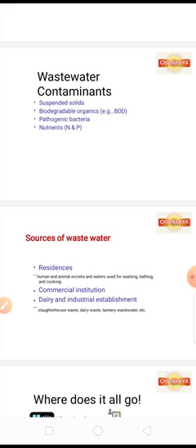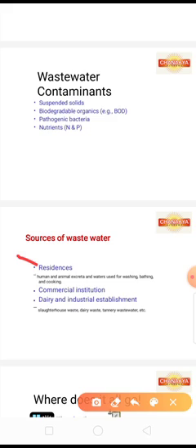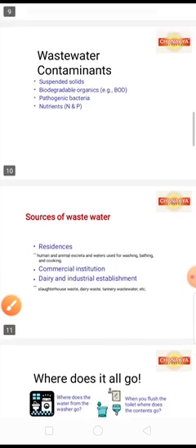The sources. Residents from the home, the excreta. The activities humans do, that is washing clothes, bathing, cooking. Ultimately that water is being wasted. Then commercial institutes like industries, various industries are discharging water. So all these are the main sources of wastewater.